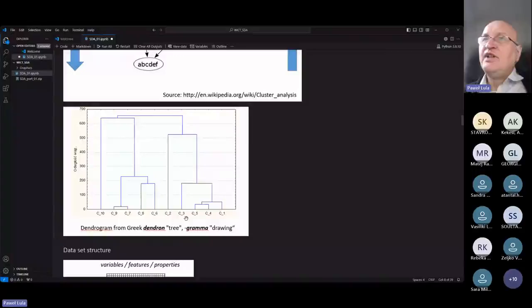In this case, I think these two objects are very similar: object number 7 and number 9. Because the distance between them was very small, they were merged into one cluster.